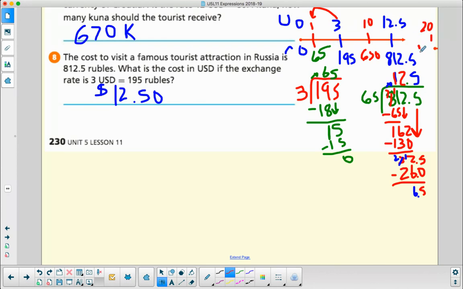That would be 1,300. And 12 and 5/10 is between 10 and 20. And 812 and 5/10 is between, I think that's 630, but I'm not sure, and 1,300. So yeah, 12 and 5/10 or $12.50 is reasonable.